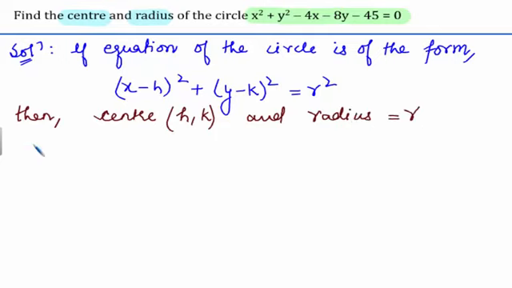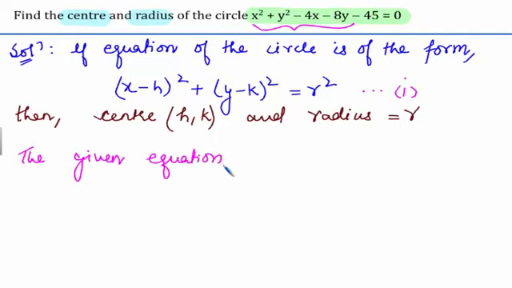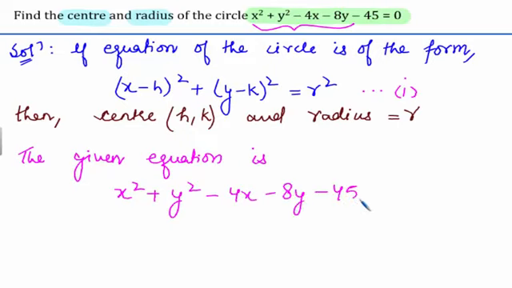Therefore, we will try to write the given equation in the standard form. Let us denote the standard form of the equation by equation number 1. Now, the given equation is x square plus y square minus 4x minus 8y minus 45 is equal to 0.